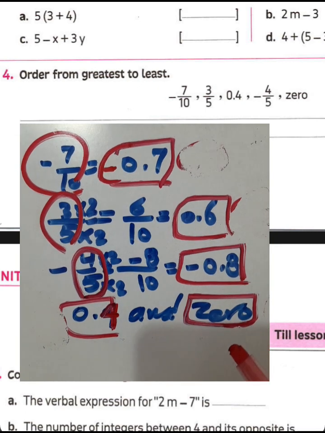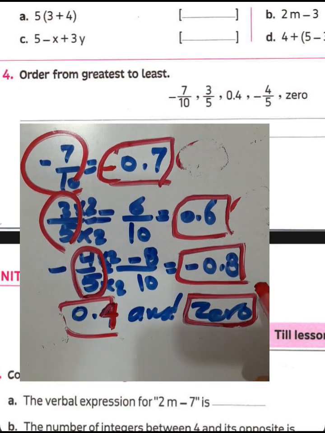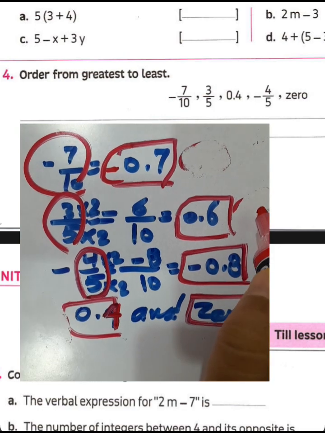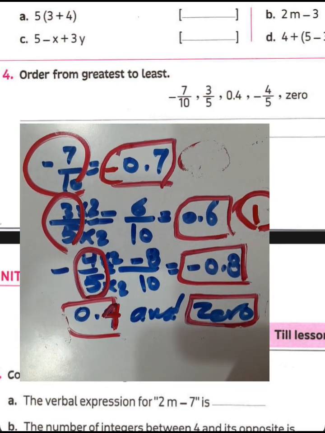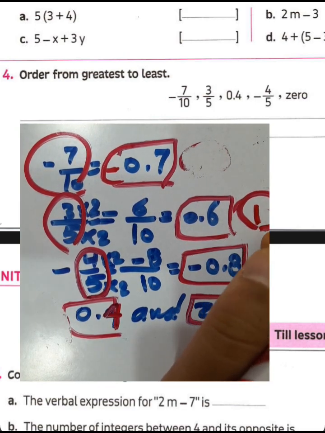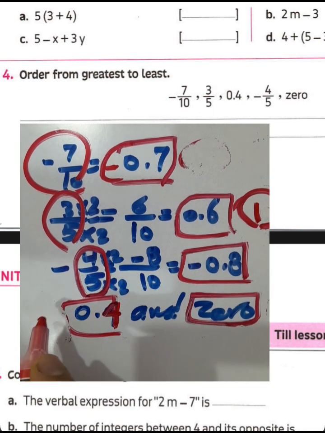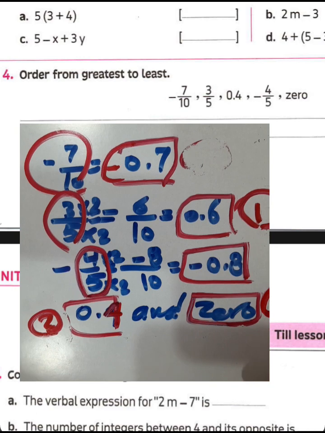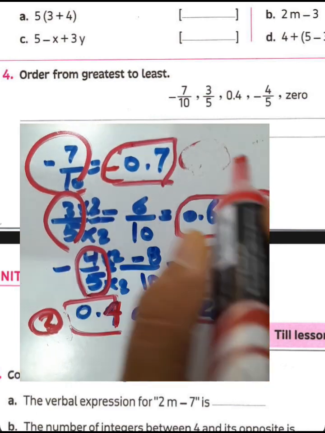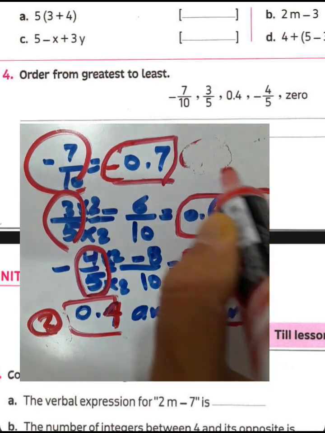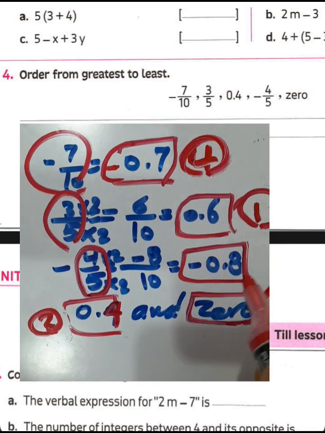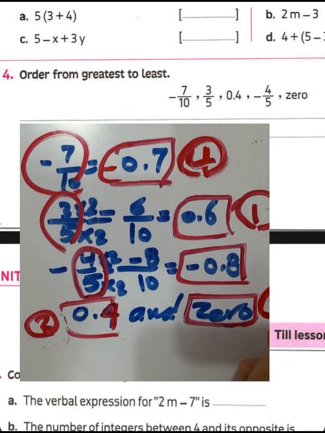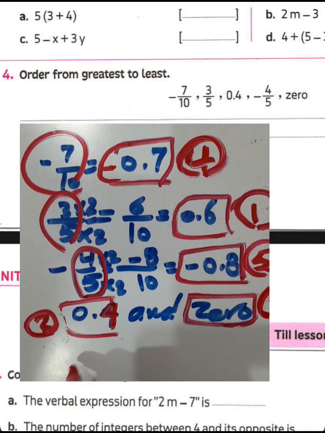The greatest number will be what? 0.6 is number 1. Again, 0.6 is the greatest number, and 0.4 is number 2, 0 will be 3. Negative 0.7 will be 4. And negative 0.8 will be 5. This is the order.